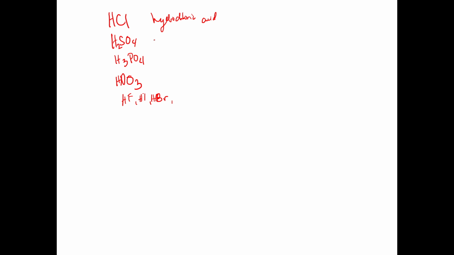These are the most common acids: sulfuric, phosphoric, nitric, hydrofluoric, iodic, and bromic acid. Did I forget something? HBr? I think I forgot something, but I can't recall what. Anyway, a good way to tell them apart is they start with an H.